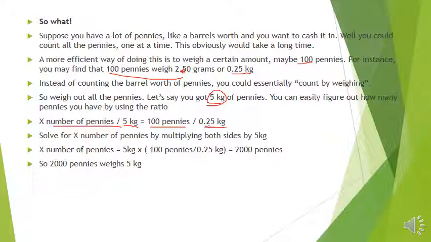Solving for x, you would find that you have 2,000 pennies in that barrel. One thing to note is that we don't say 100 pennies is equal to 0.25 kilograms. We say that the 100 pennies weigh, or are equivalent to, 0.25 kilograms.